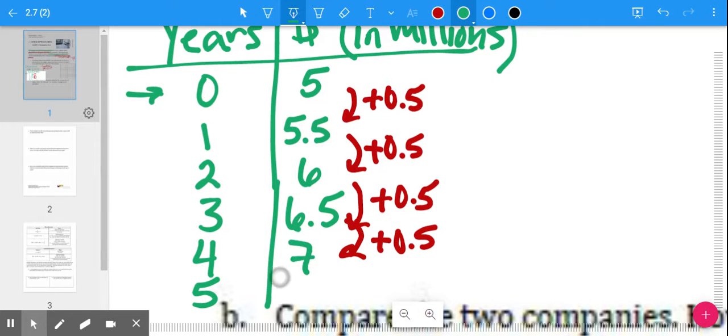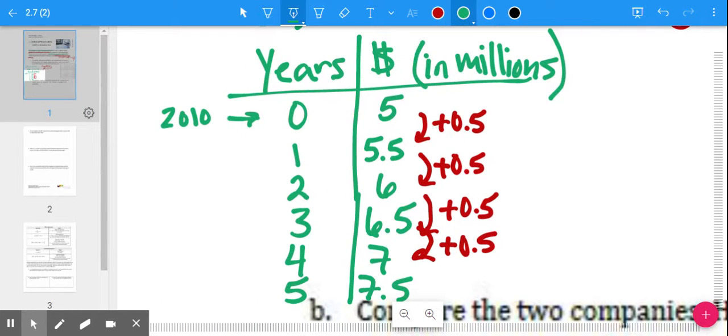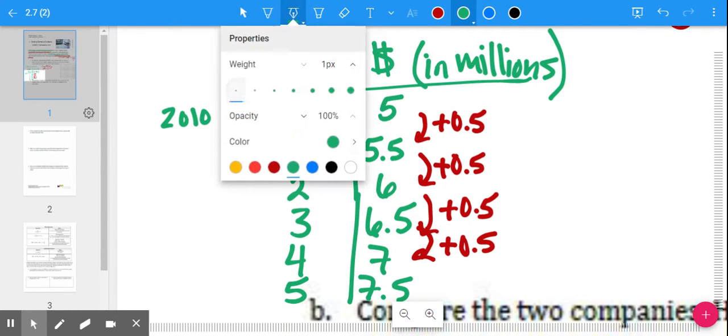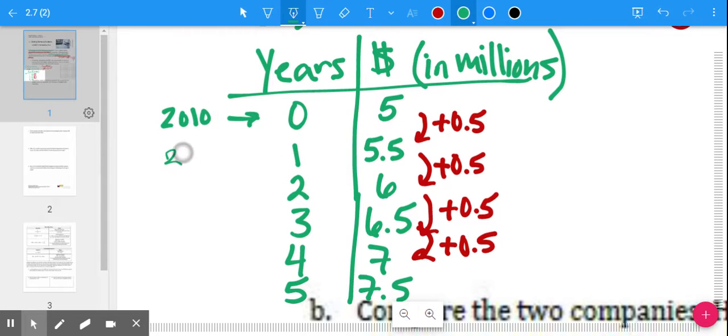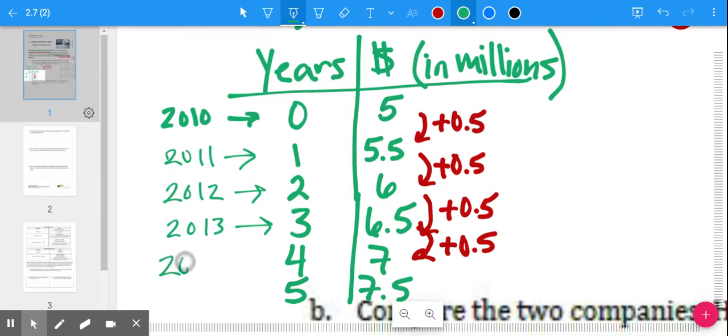We have 7 million and then 7.5 million. So at this point, we have looked at years 2010, 2011, 2012, 2013, 2014, and after 5 years have passed on this business plan, it would put them at year 2015.